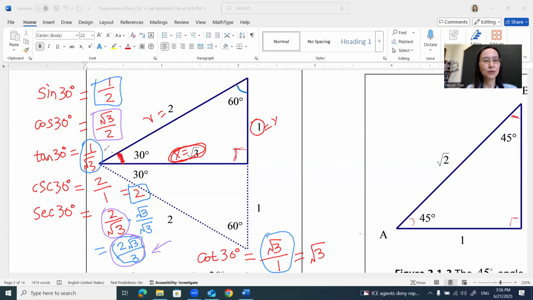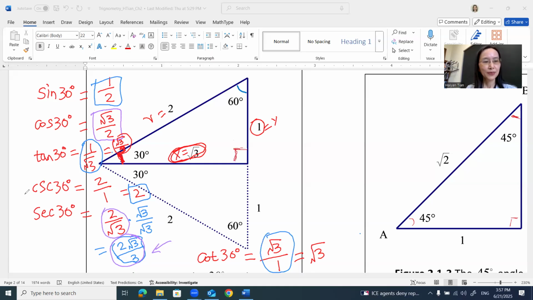If you multiply both numerator and denominator by square root of 3, you can rewrite the answer as square root of 3 over 3. That's the value after we rationalize the denominator.